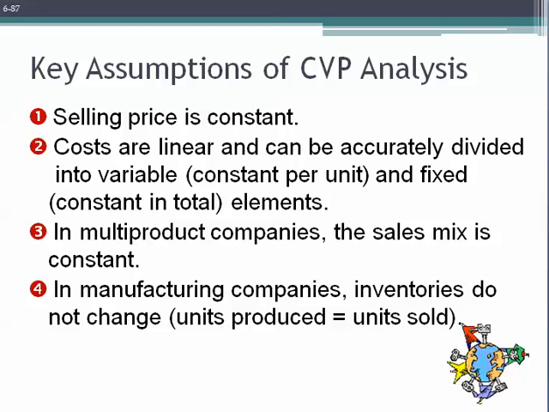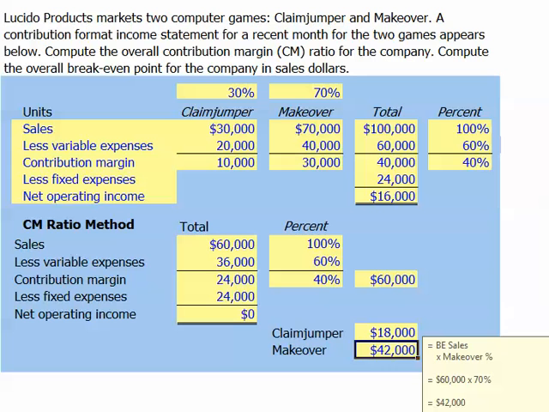When we perform cost volume profit analysis, we assume a constant selling price, that our costs are linear, that is, they can be divided evenly between a fixed component and variable components per unit, and that if we're dealing with a multi-product company, the sales mix remains constant. That is, going back to our Claim Jumper and Makeover computer games for Lucido Products, our sales mix remains at 30% Claim Jumper and 70% for the Makeover.